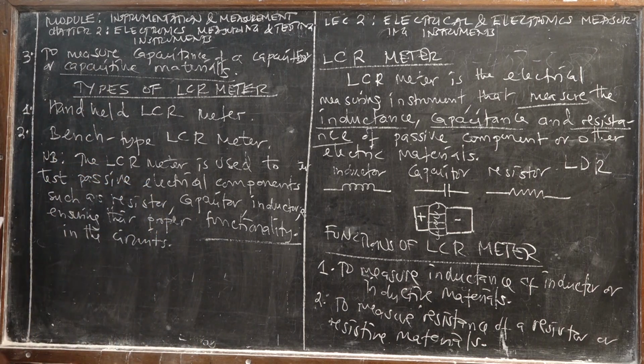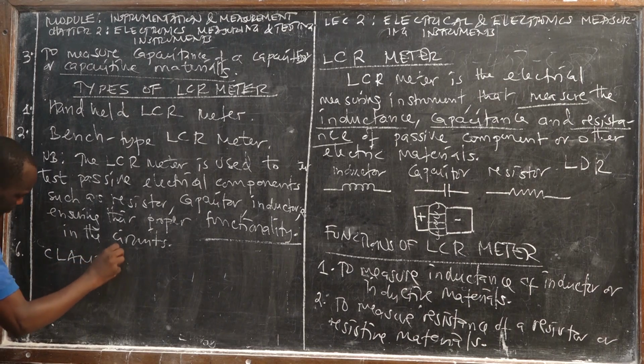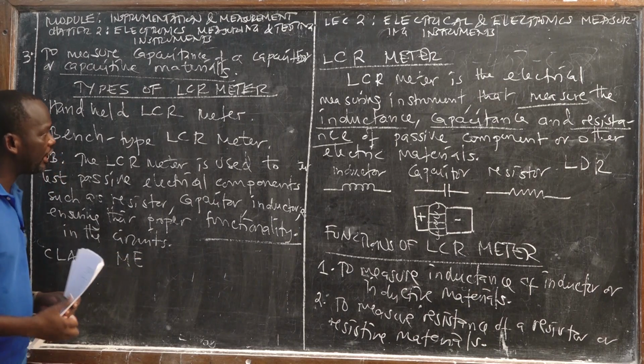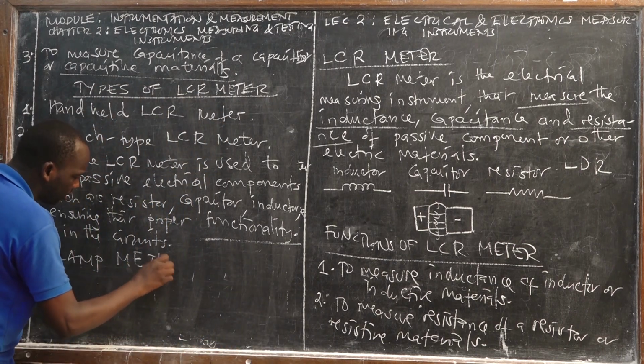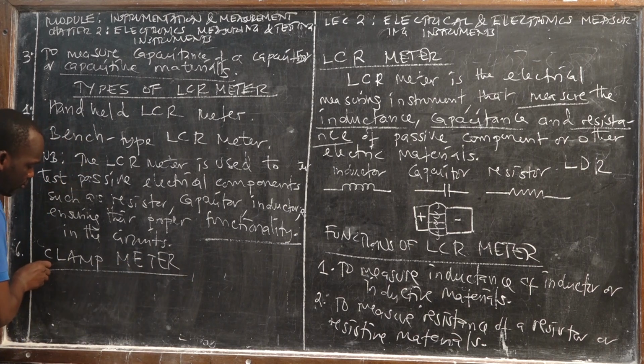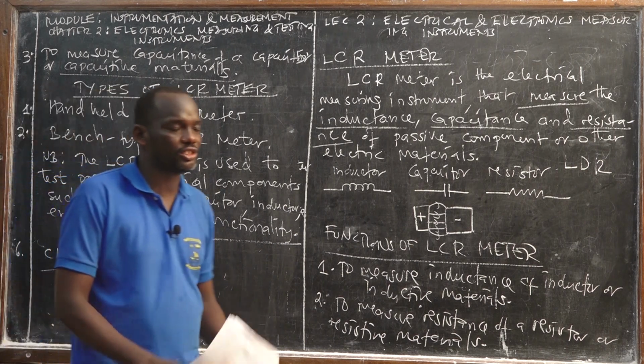Any question about the LCR meter? Then the next one, number 6, is the clamp meter. Before we discuss the clamp meter, let me ask you to try to answer a question.